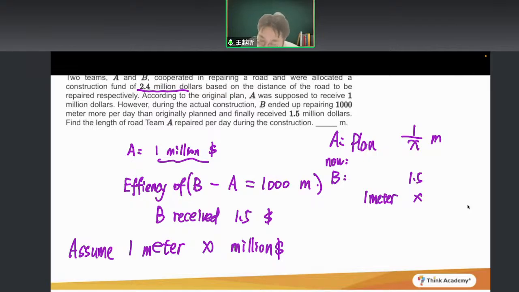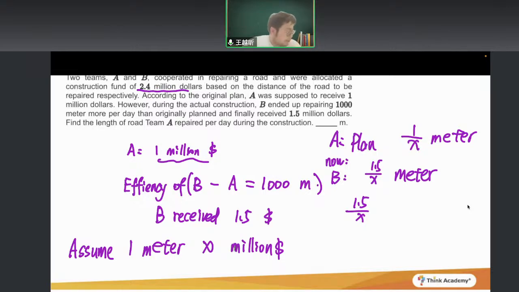So X times 1.5 over X. So actually B will have 1.5 over X meters. We know B ended up requiring 1,000 meters more per day. So actually, how many more days? Can anyone tell me? Can anyone find out the answer?